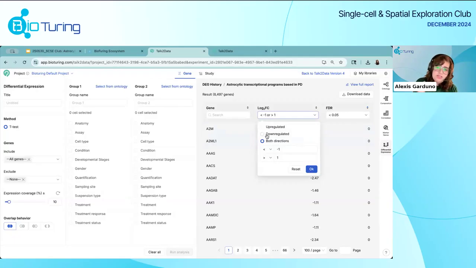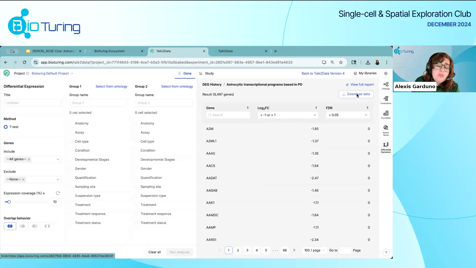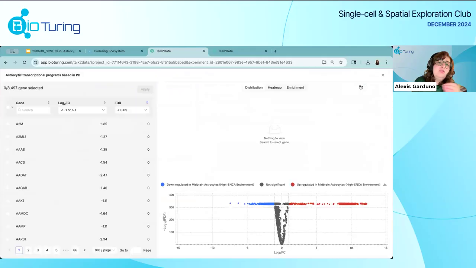You can focus either on upregulation or on markers that would be downregulated, so you know what treatments you want to focus on or what targets you can actually use. That's something you can filter in the list, so you're able to define those markers. You can download the entire data as well, or you can use the system to view the full report.